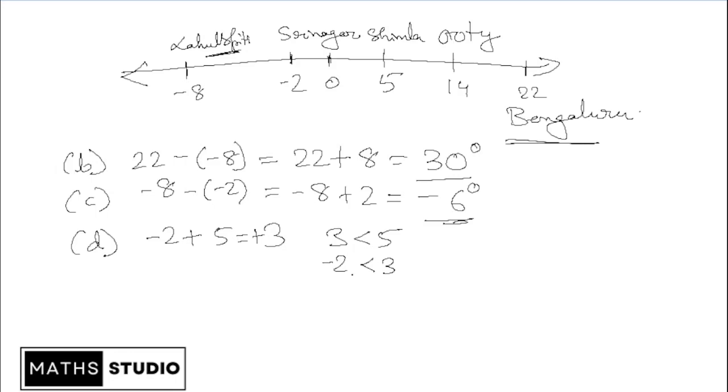Now, let us look at question number 2. So in question number 2, what is being told? In a quiz, positive marks are given for correct answers and negative for the incorrect answers. So the marks for 5 successive rounds were 25 plus -5 plus -10 plus 15 plus 10.